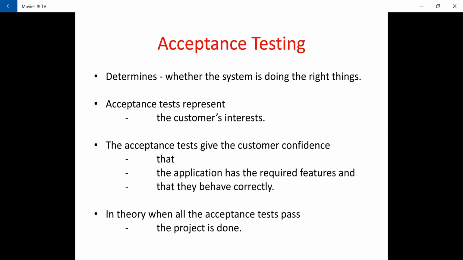In theory, when all acceptance tests pass, the project is done. The project goes to acceptance testing last, and whenever it is accepted by the customer, only then is the project ready.